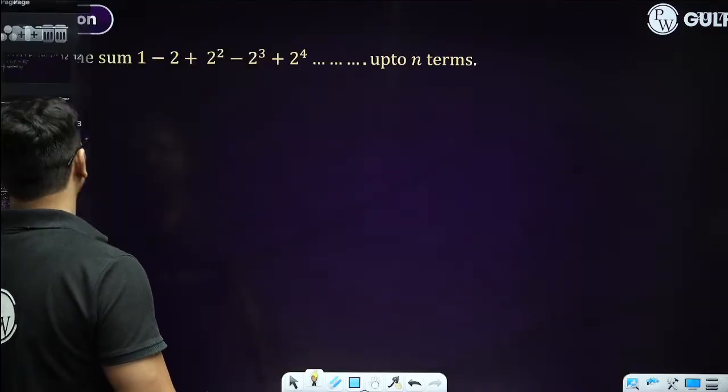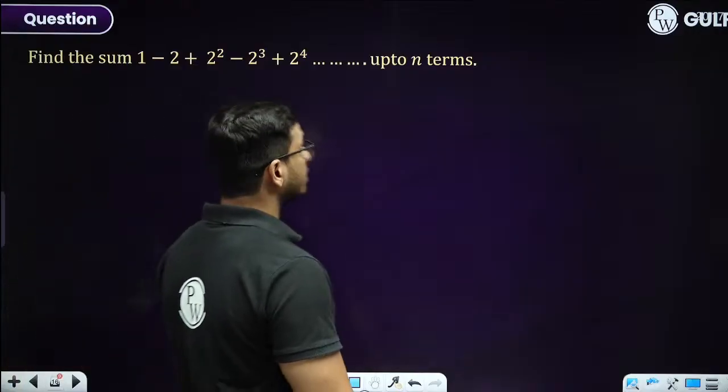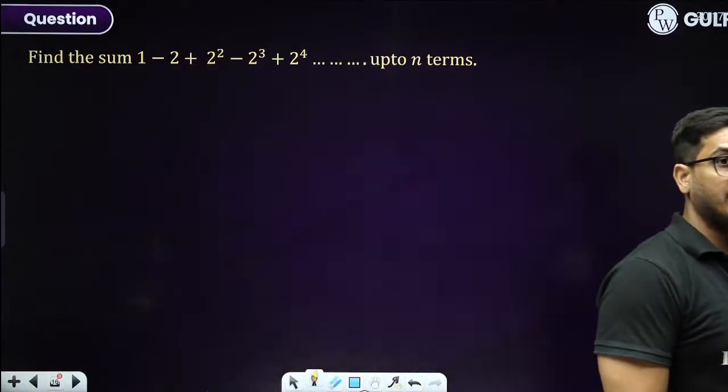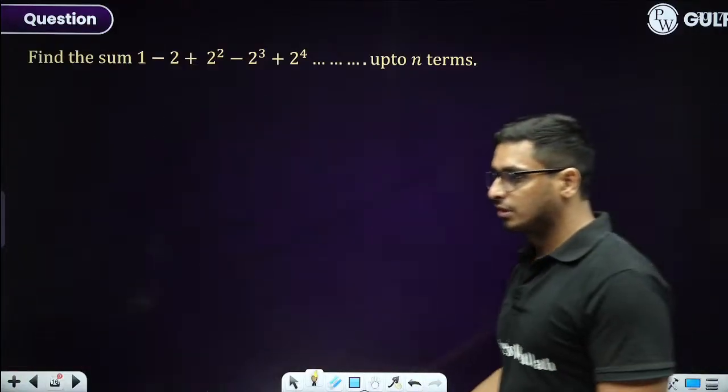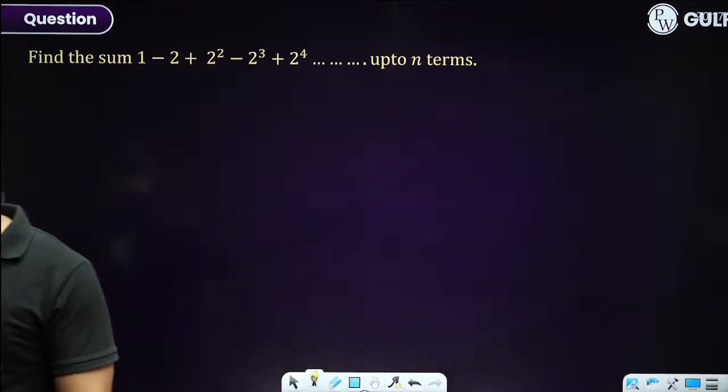Now we have a question here. Find the sum up to n terms. Find the sum and tell me.